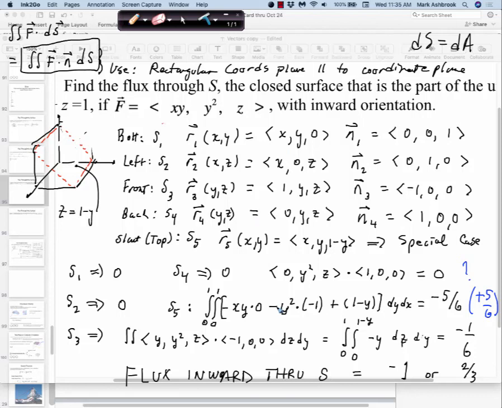I said that F would be xy, y squared, 0. So that's what F is. You said x squared. I might have, but I meant to say xy, y squared, 0. But it doesn't matter what that would be because it's dot 0, 0, 1, so it just goes away. But yes, I should have said xy, y squared, 0. Does that answer it? Other questions?